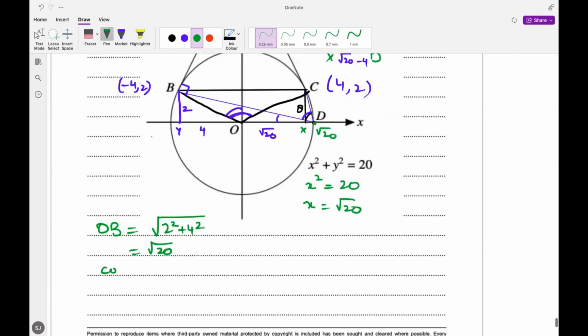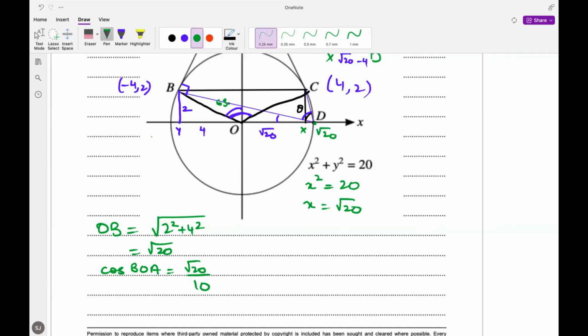So cos of BOA will be equal to square root of 20 divided by 10. Cos inverse of square root of 20 upon 10 is equal to 63.43.